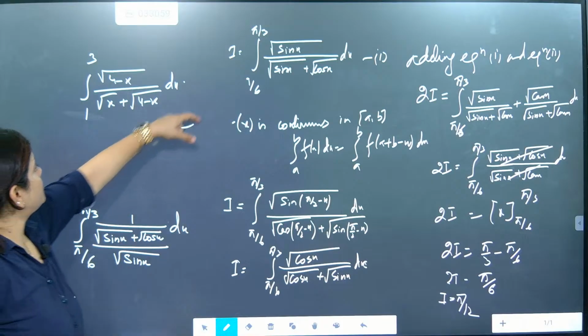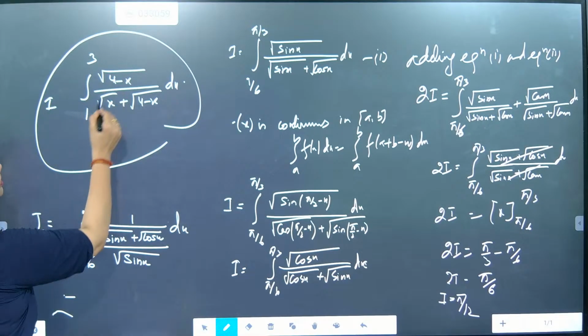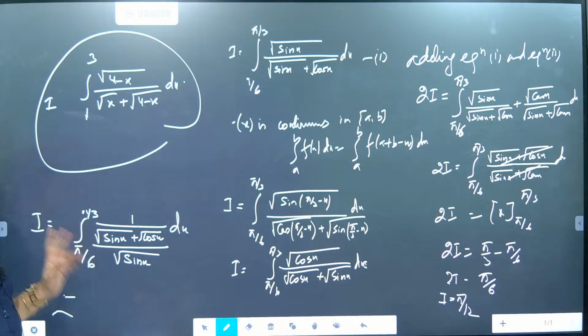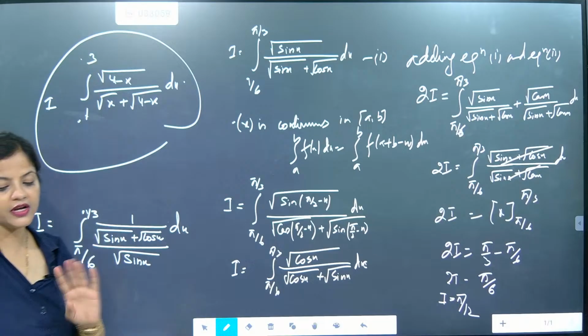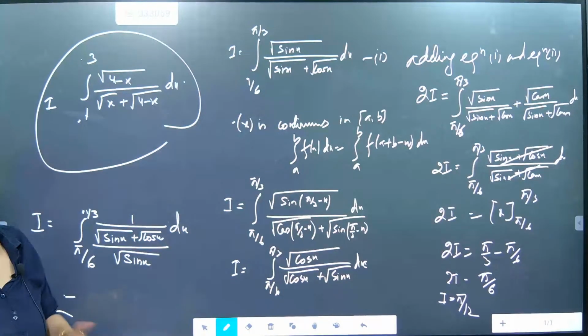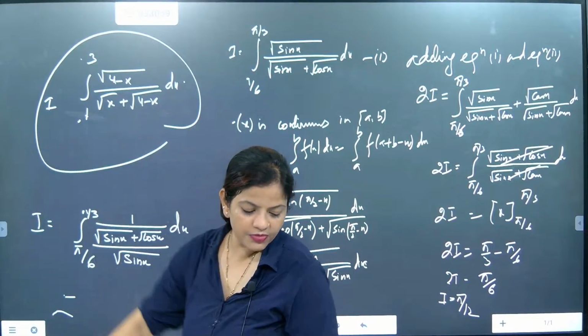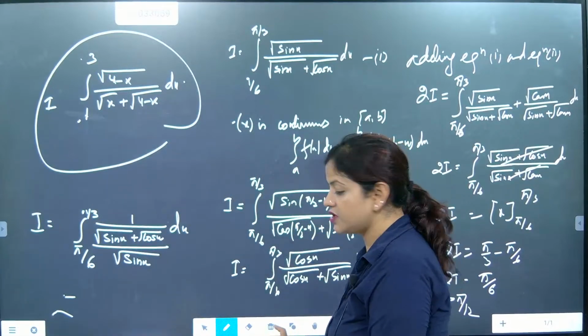This question will be solved easily. Same pattern question, because here 3 plus 1 will become 4. How to catch this? That this is exactly based on that formula. You check here 1 plus 3, 4. So definitely lower limit plus upper limit is coming as 4. So once lower limit plus upper limit is coming as 4, it means we will be able to solve the related questions. Okay, now we will go for the next question.